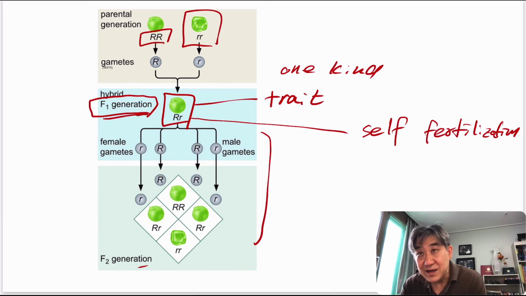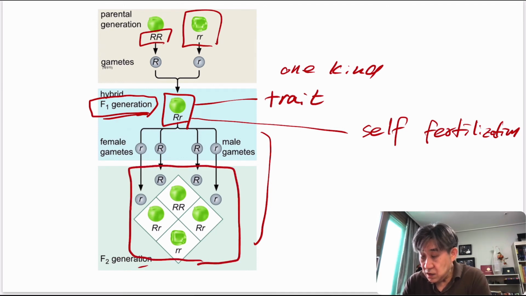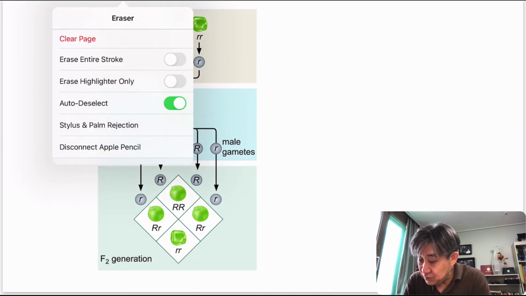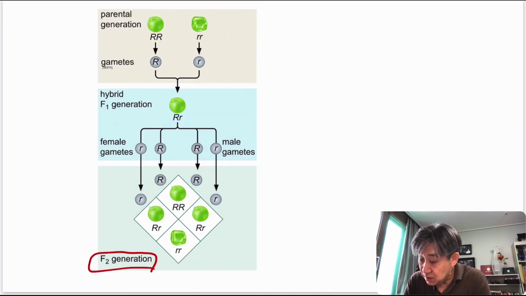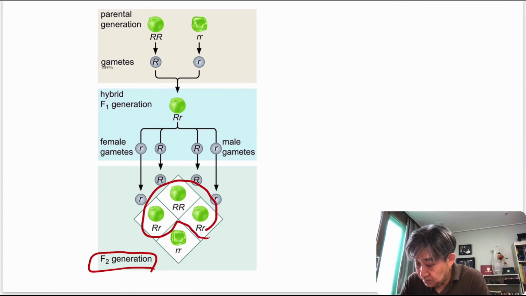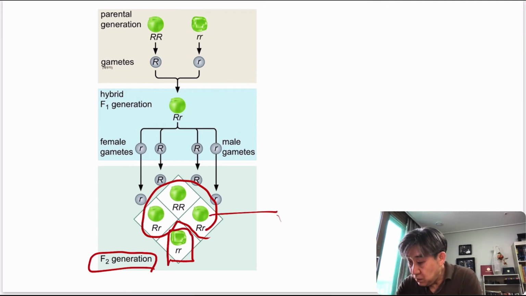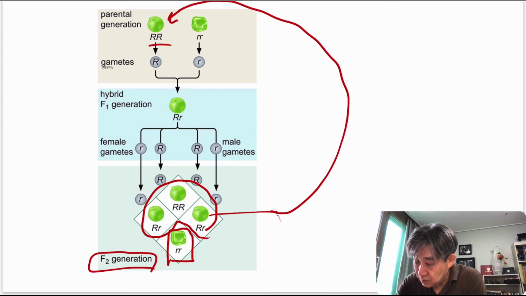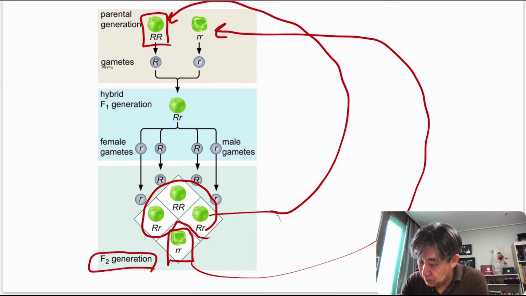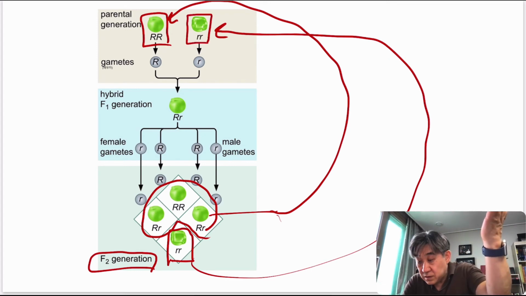That is technically self-fertilization. And then in the next generation, which is the F2 generation, he was able to obtain two different kinds. One kind is the type of this particular parent, and another is the trait of the other, original parent.